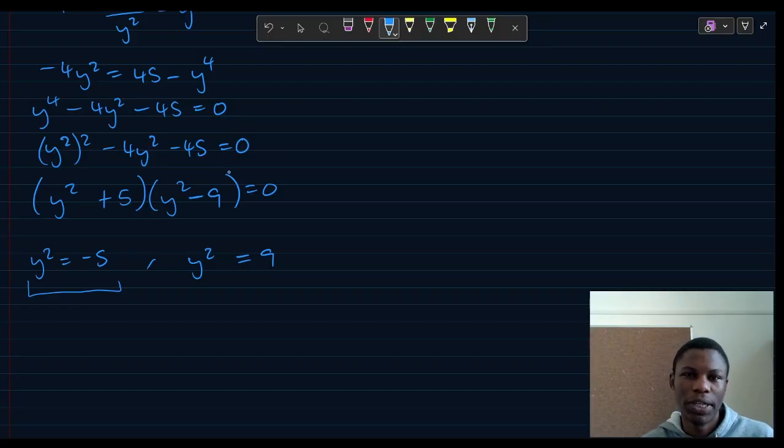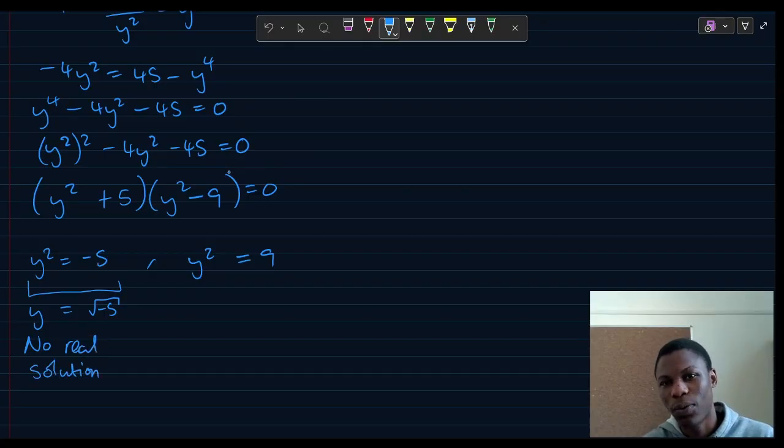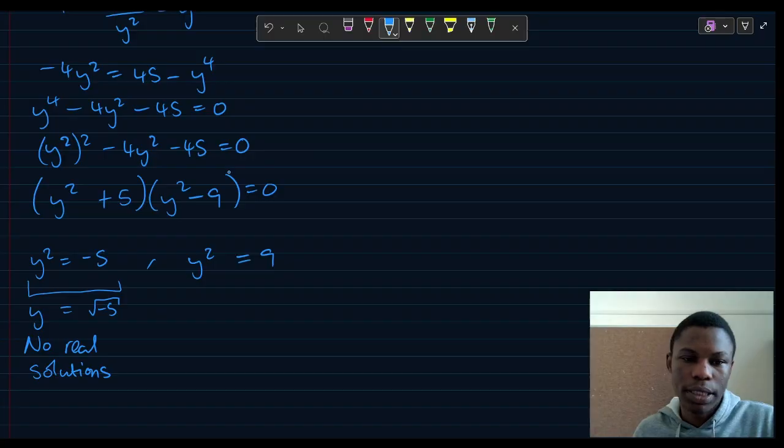Or if you prefer to look at it from the other perspective, if I take the square root here, I get y is equal to root of -5, and I can't take the square root of a negative number. So this equation has no real solutions. Remember, the question explicitly stated that x and y are real numbers. So y in this case would not be real. So no real solutions there.